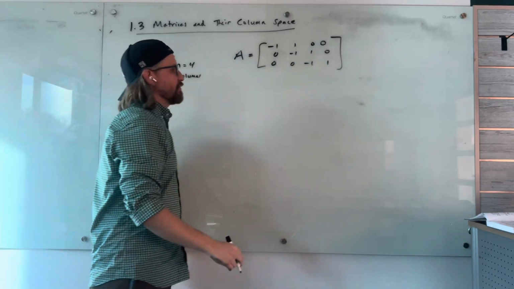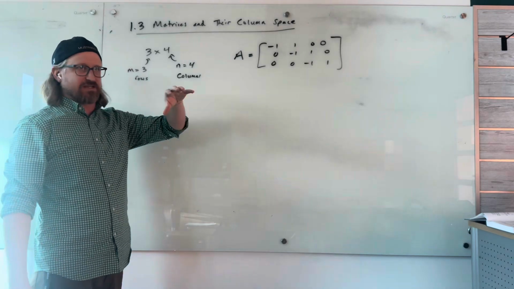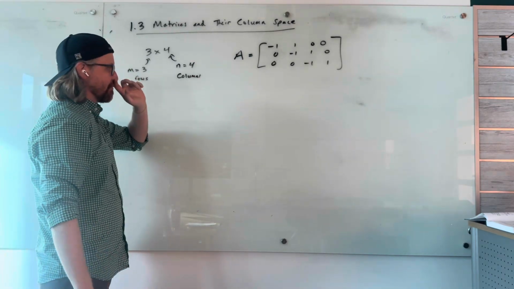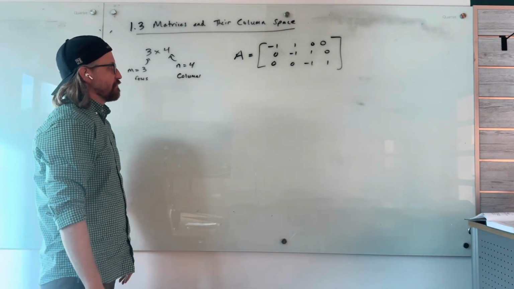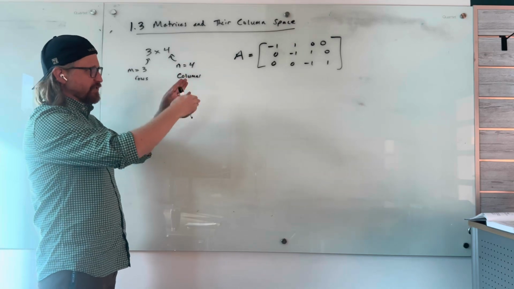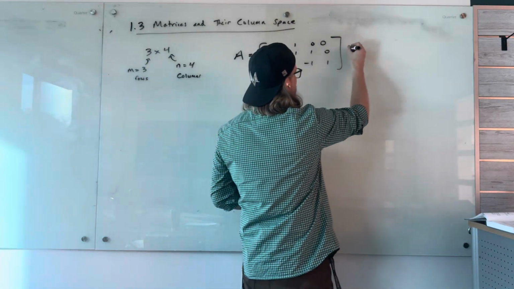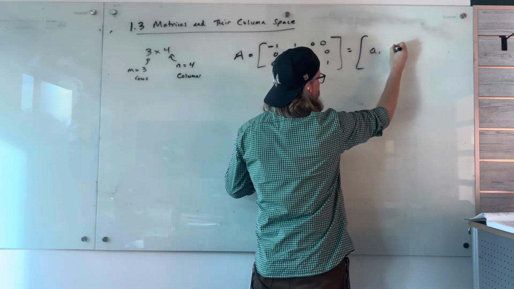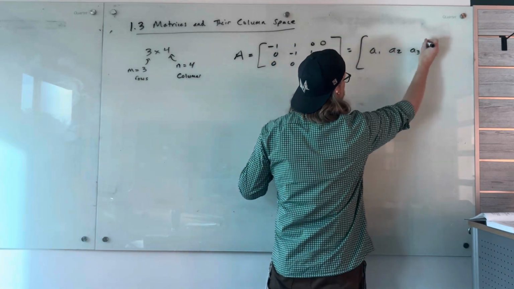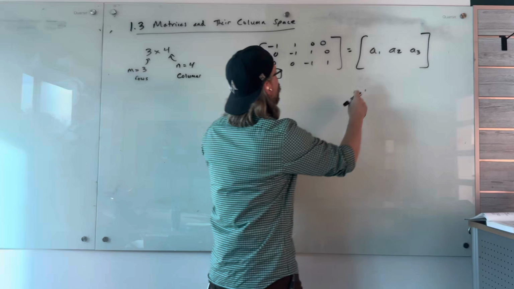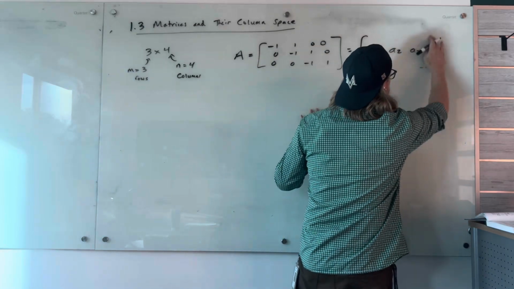And one of the highlights that he does with this matrix, and I would like to as well, is that we can view this matrix specifically in terms of columns. So because we're calling this matrix A, I can actually view this as being constructed as A1, A2, A3, A4, because I can't count.